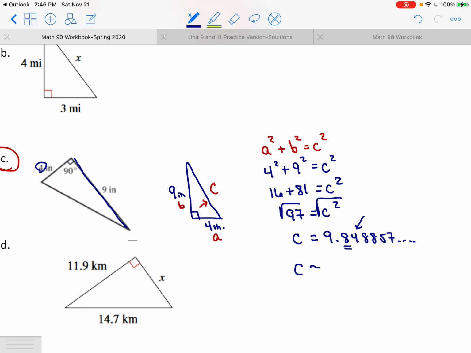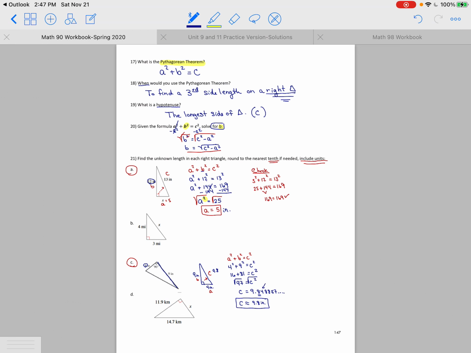And when we have a rounding like that, we use this little squiggly equal sign. This means an approximation. So C is approximately 9.8, and I look back at my units, and it's inches, so I keep it at that. Of course you guys can go back and check it just to make sure.